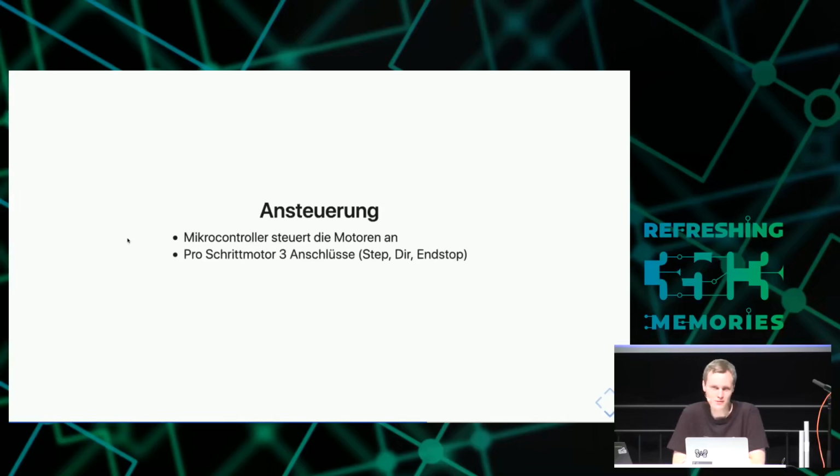Per stepper motor, you need 3 inputs and outputs, because the easiest interface for a stepper motor is a step direction interface. So you have one pin, you go from 0 to 1, and each time you change the amplitude, you go forward or backward, and then you can say that it should go one step. The direction you set over the direction pin.